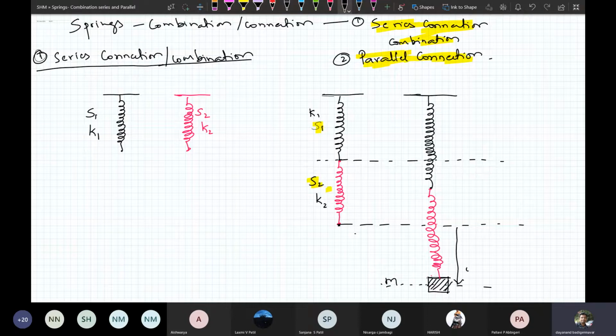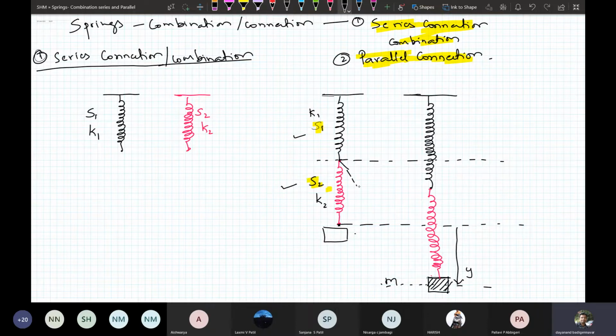When we connect them in series and apply a mass, it gets elongated by a value of y. Whenever you apply a mass m to this position, the spring S1 also gets elongated, the spring S2 also gets elongated. So therefore there is an extension in the spring.